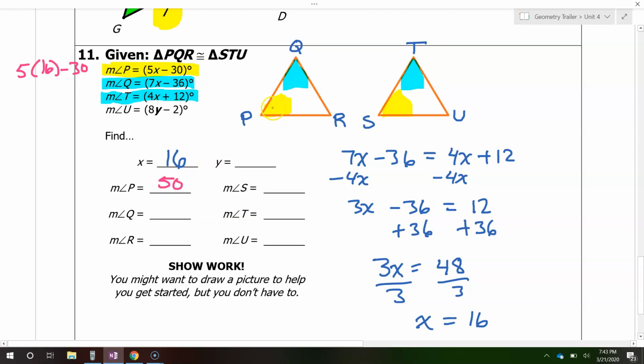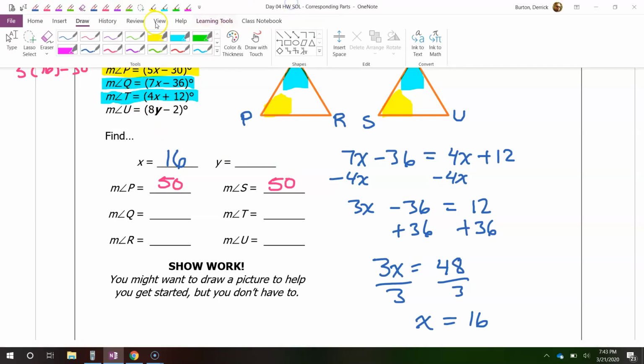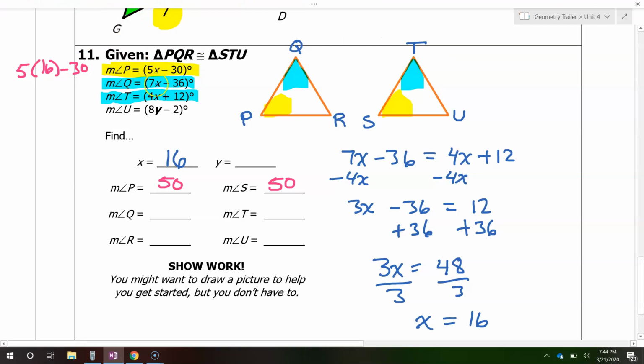Now remember that angle P is congruent to angle S. So I automatically know that this will also be 50. All right, how about angle Q? Angle Q is 7x minus 36. So that will become 7 times 16 minus 36.